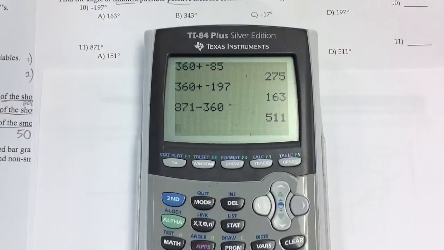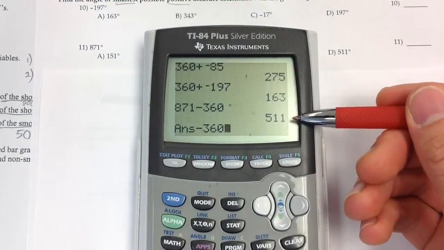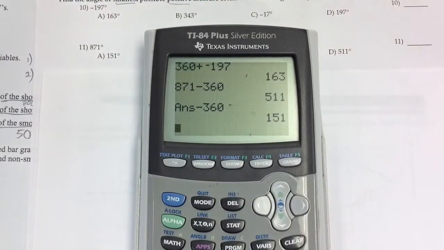So 511 is coterminal with 871, but it's not the smallest positive coterminal with 871. And you can know that by looking at the result. It's above 360. So we have to take off another 360. We have to go around again. Not only are you allowed, in this case you must.